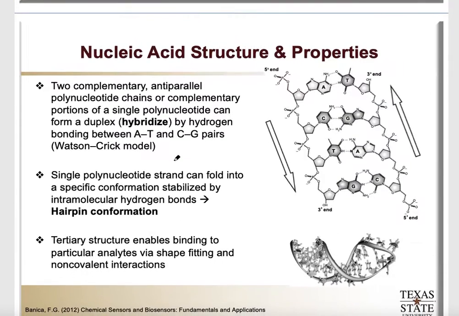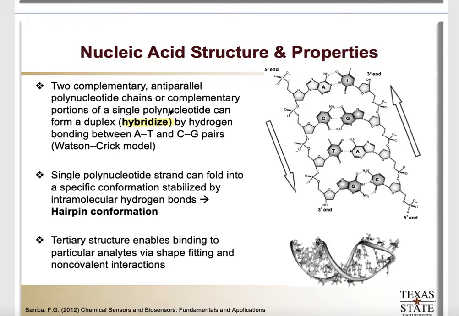All right. The next thing that I wanted to mention, as you guys already probably know, is that nucleic acids can form complexes with one another, specifically two polynucleotide chains that have a complementary sequence can actually come together in what is known as a process of hybridization.